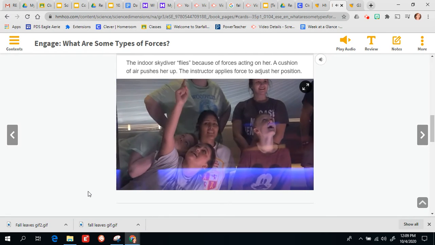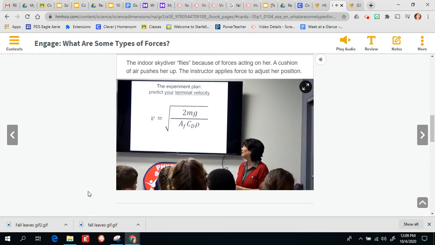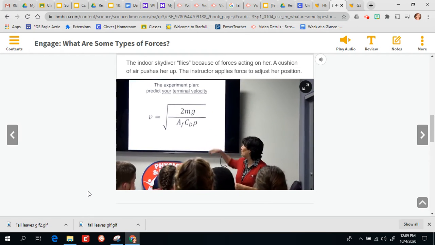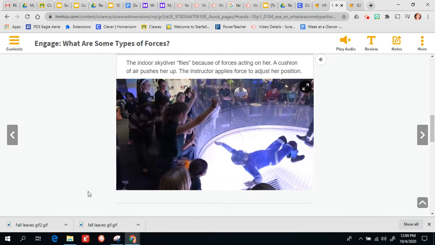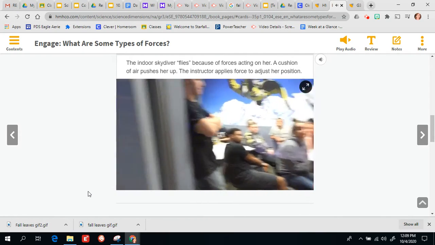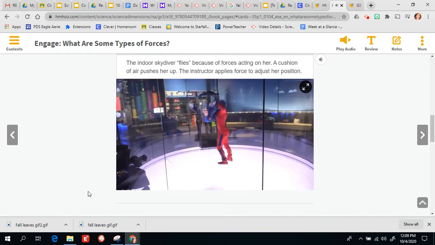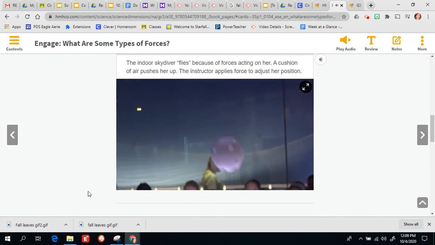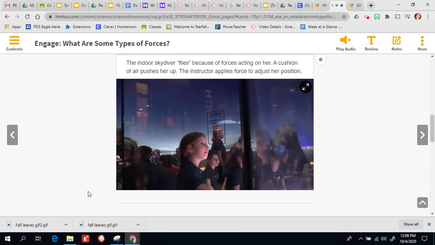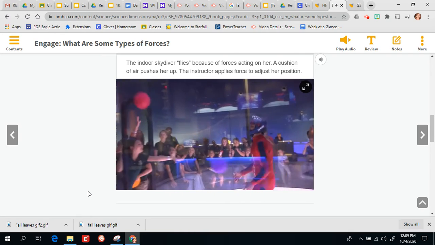in the real world. We talk a lot about terminal velocity, the different factors that affect terminal velocity, the things that you can change to change your terminal velocity, the things that are standard for everyone. Then we talk about the different objects that we have, about how they're going to fly in the tunnel. We actually let them throw the balls into the tunnel, and they really love that.